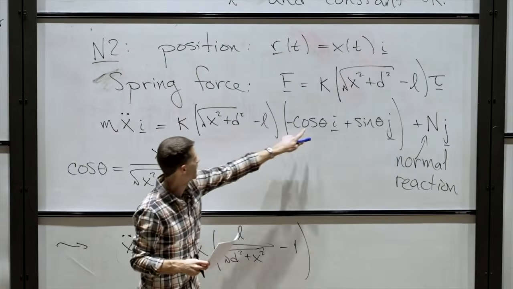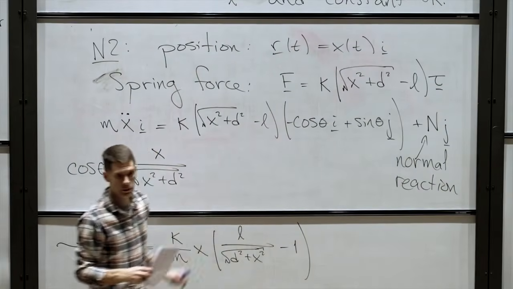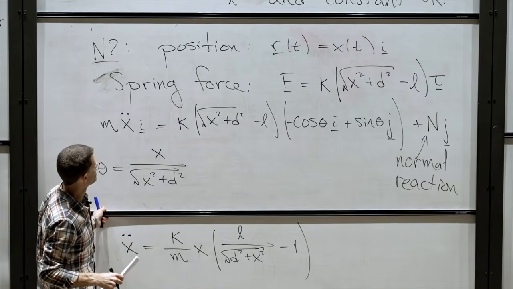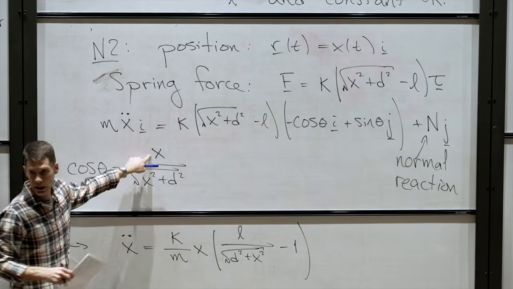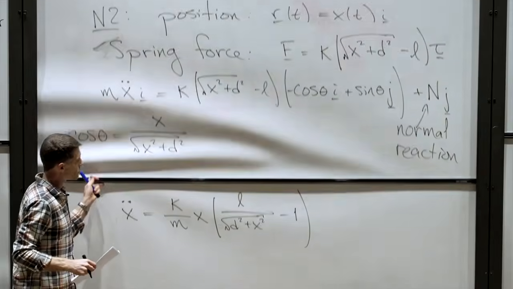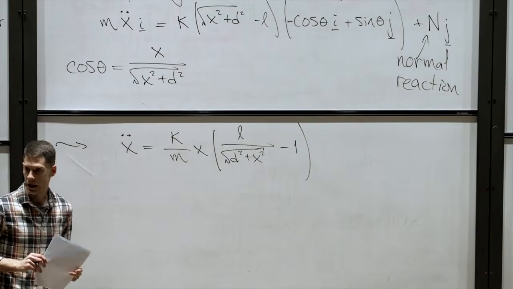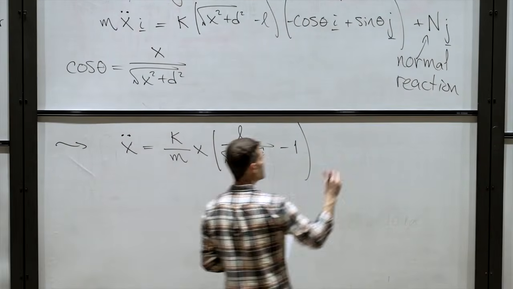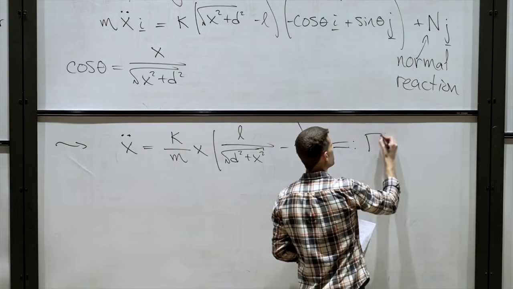I think you can see I've taken that times that, and then I've canceled out the square root from the denominator there. Pick up an extra x here. Okay, now it at least looks like the kind of equation we've been analyzing, so let's call that thing f of x.